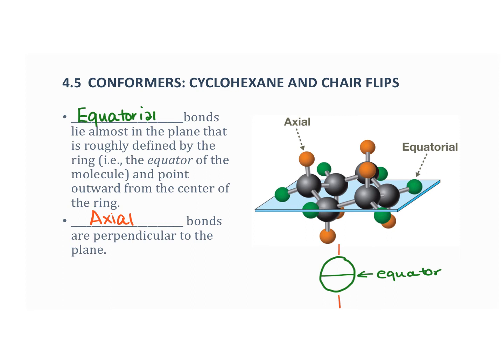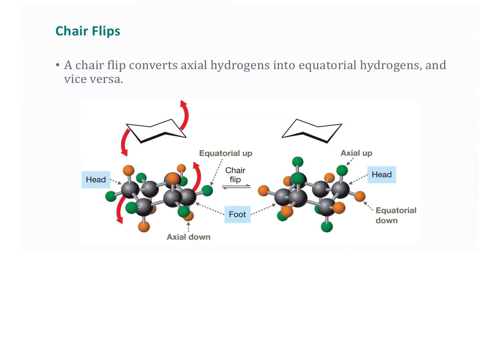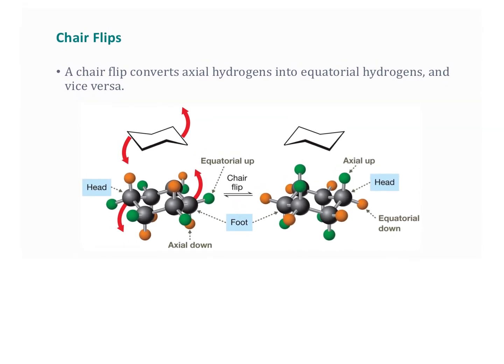Now, when we have a cyclohexane, it can undergo something called a chair flip. First off, let's talk about experimental data. Even though these hydrogens occupy different positions, axial and equatorial, they're indistinguishable in most experiments, and that's because cyclohexane is going to undergo a process called a chair flip.